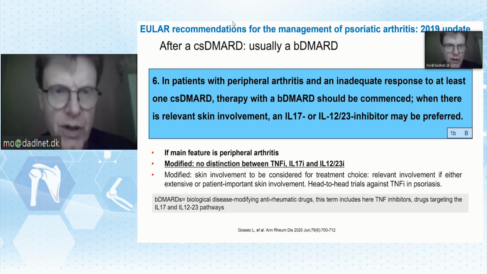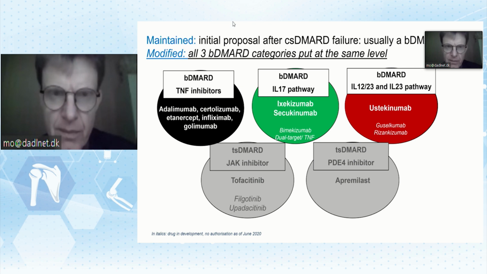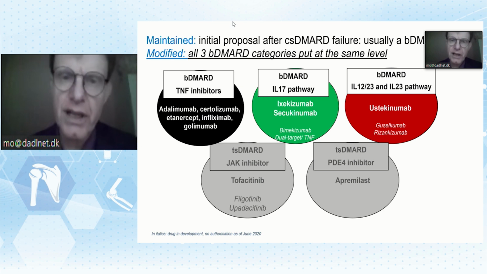It could be TNF inhibitors, IL-17 inhibitors, and IL-12/23 inhibitors, and they are considered equal here. That's an important difference also from previously, that there's no preference for TNF inhibitors. The three different pathways are considered equal, with different drugs as indicated with black, green, and red here.